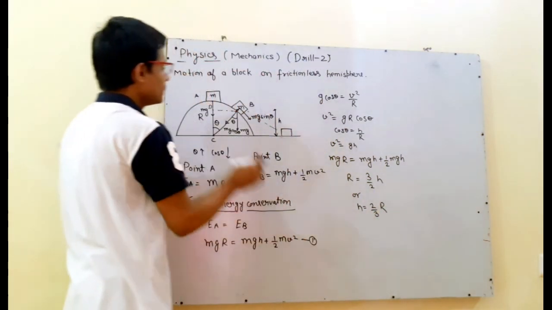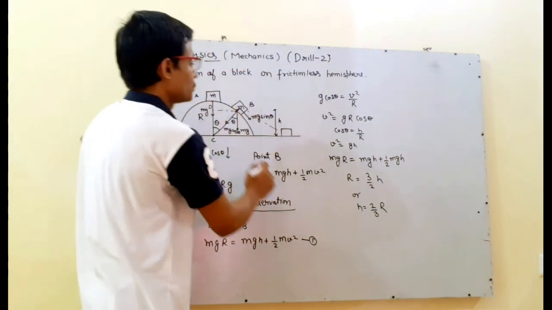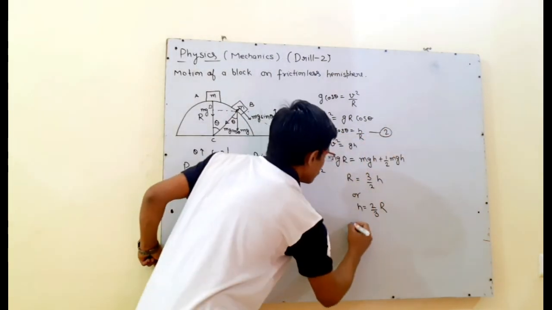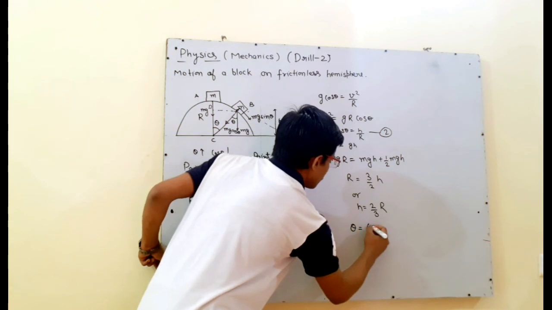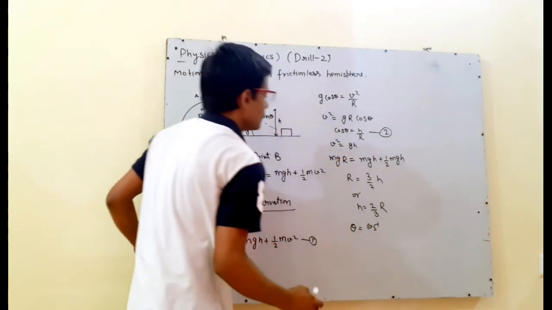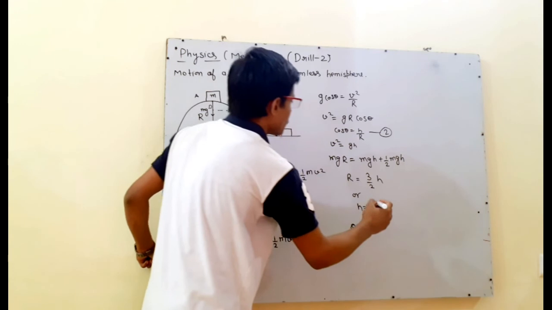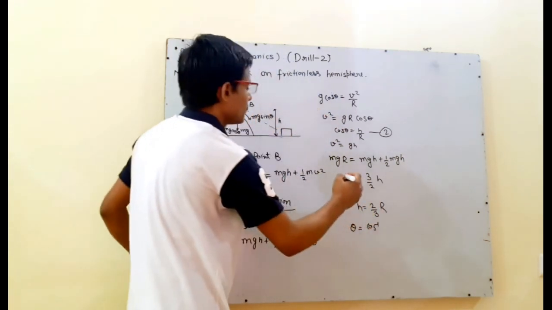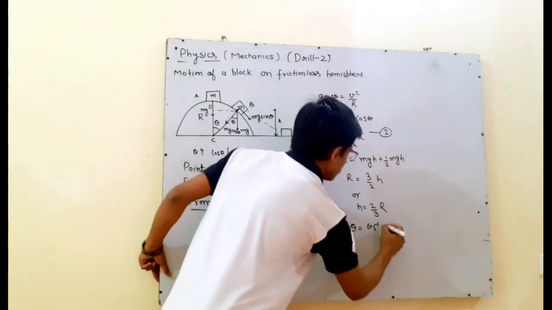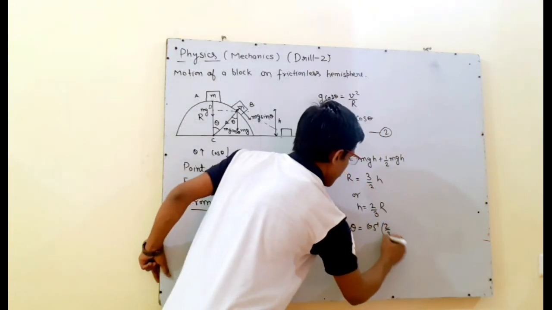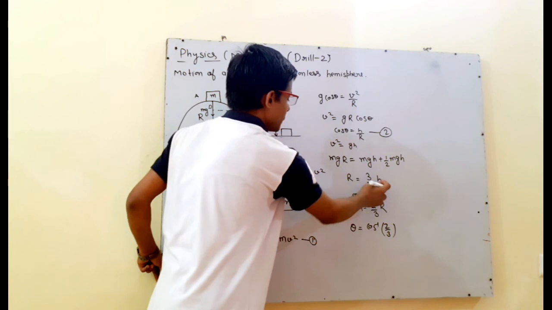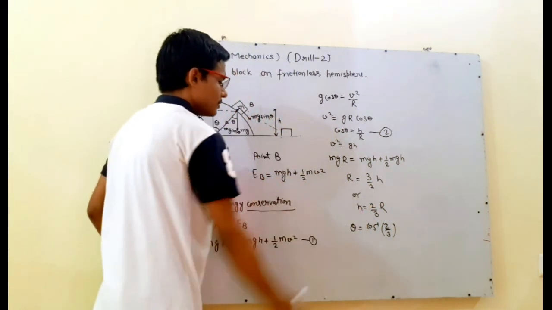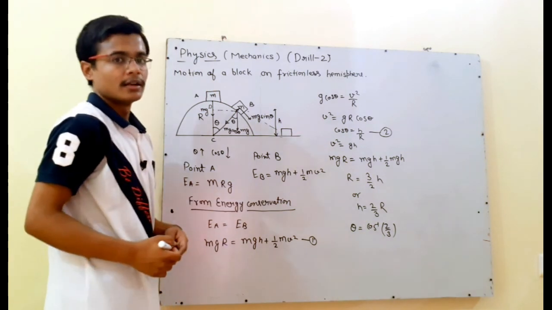You can also find theta for this situation from equation number 2. What will be theta? Theta will be cos inverse of 2 by 3, because the ratio of h by r is 2 by 3, so theta equals cos inverse 2 by 3.